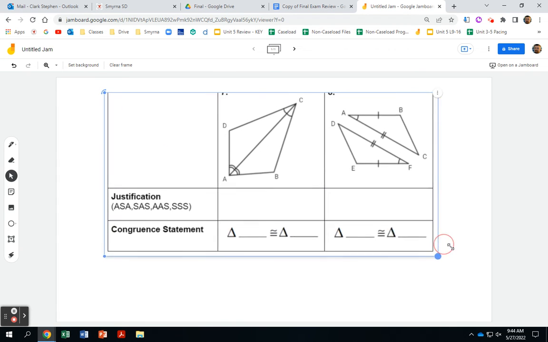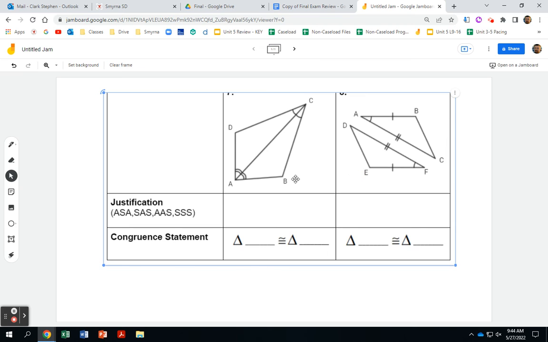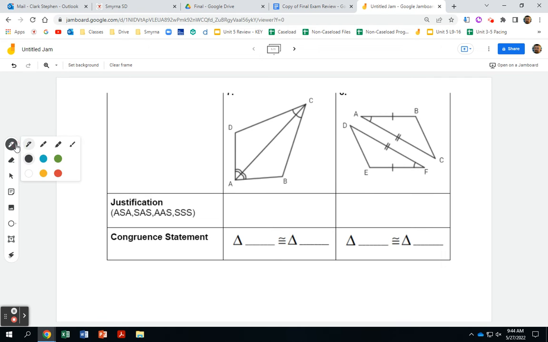All right, so we need to have a justification. Why are these congruent? Well, let's see. Now we know that this angle here, see it has a little slash through it, 1 slash, and this angle here has 1 slash. So those are congruent. Those are the same measurement, right?